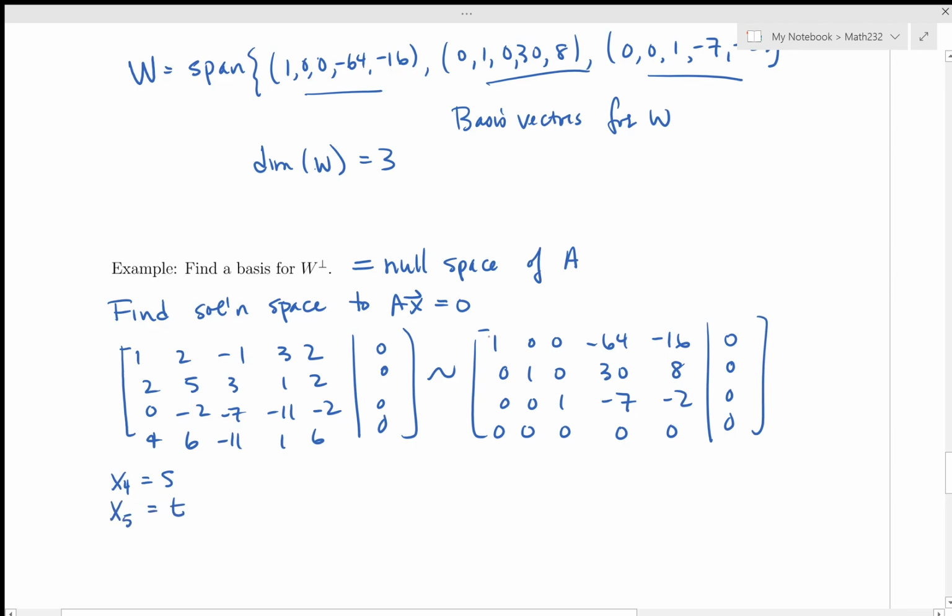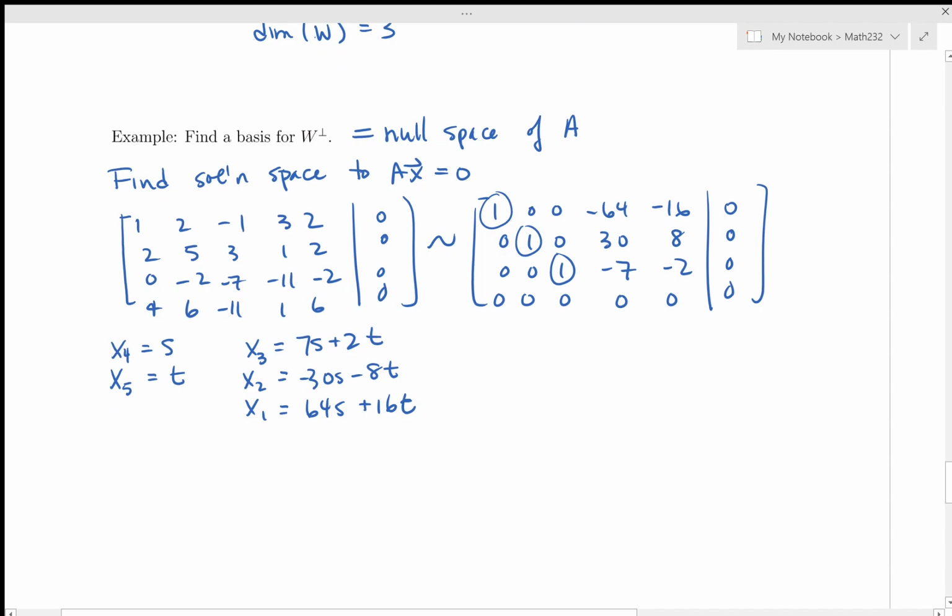Then I have the three leading variables here, x1, x2, and x3. So I'm going to write out what those are in terms of s and t. x3 is equal to 7s plus 2t. x2 is minus 30s minus 8t. And x1 is 64s plus 16t.